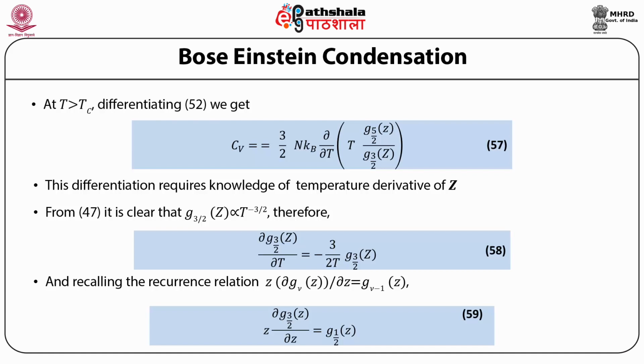And recalling the recurrence relation, Z into the partial derivative of the Bose integral of order nu with respect to Z is equal to the Bose integral of order nu minus 1. We have Z into the partial derivative of the Bose integral of order 3/2 with respect to Z equal to the Bose integral of order 1/2.